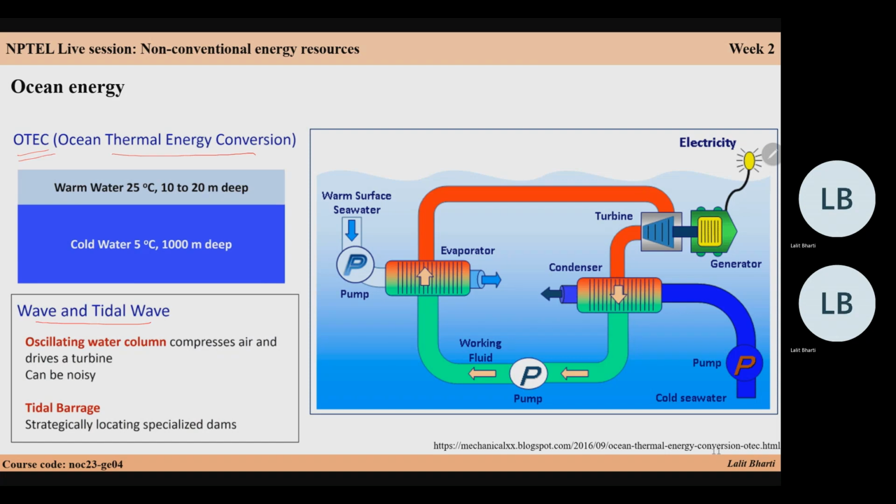So at the sea level, the water gets warmed up due to the sun. Due to the sun rays, this solar energy is absorbed by the water, and this water gets warmed up.